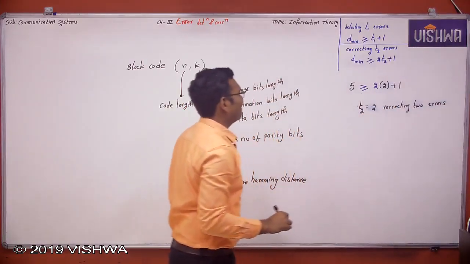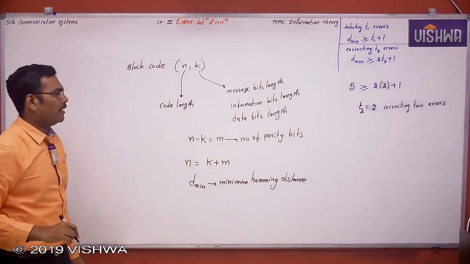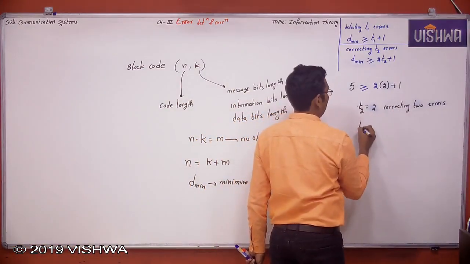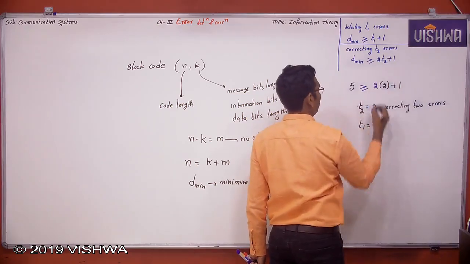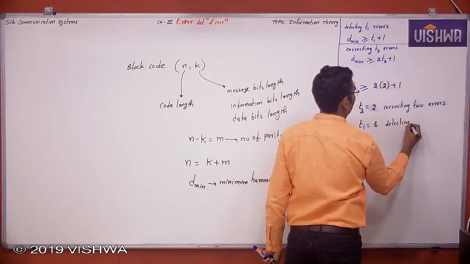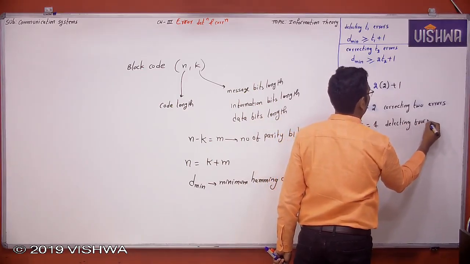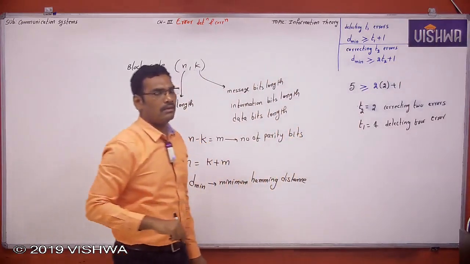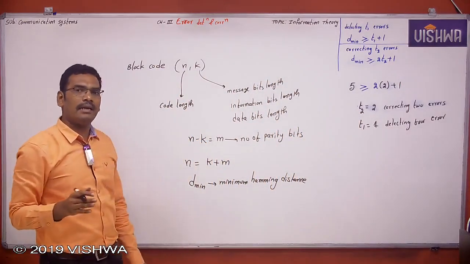Okay. If minimum Hamming distance is 5, correcting 2 errors, and t1 is how much? 4, since 5 is 4 plus 1. Now detecting 4 errors if the minimum Hamming distance is 5. Okay.